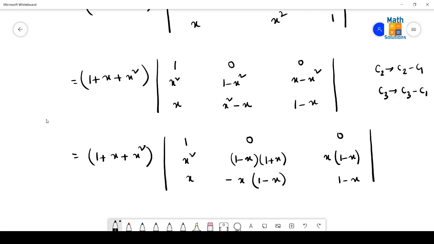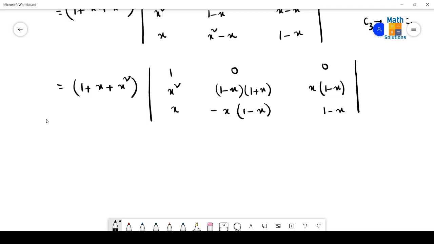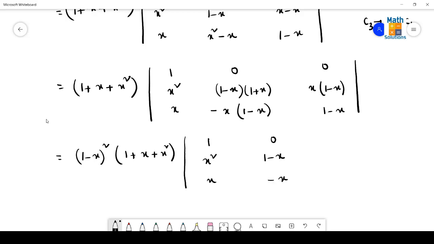So very clearly from C2 and C3 we can take out 1 minus x, then after 1 minus x. So 1 minus x whole square is taken out and it will be getting multiplied with the term previously present outside the determinant. So 1, x square, x, here it is 0, then 1 minus x, this is minus x, this is 0, then x, then this is 1.